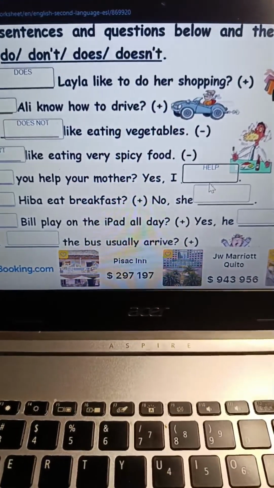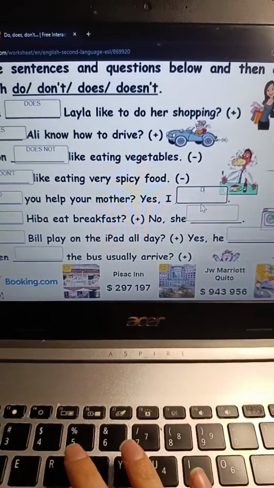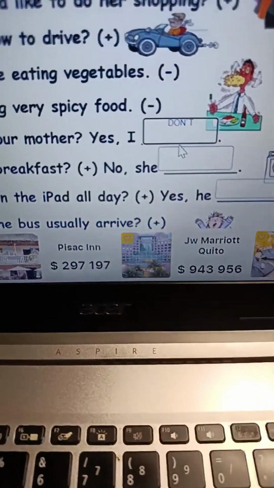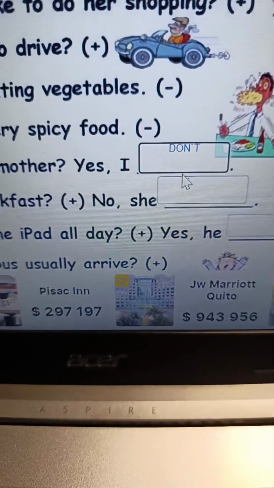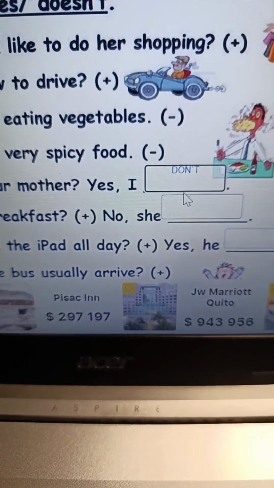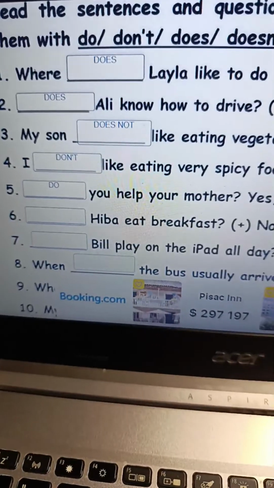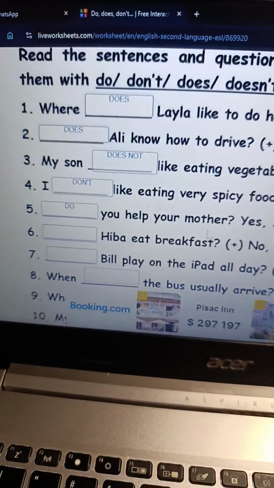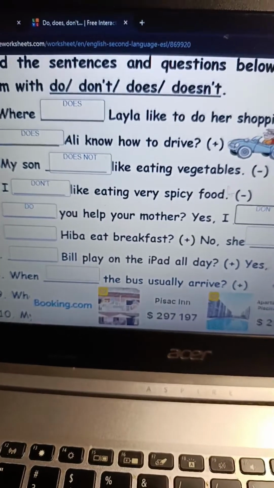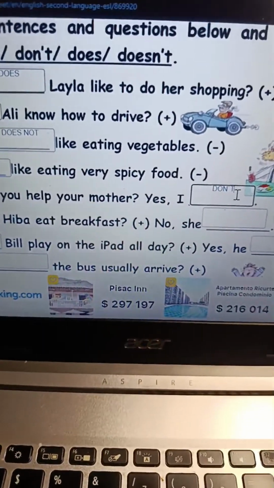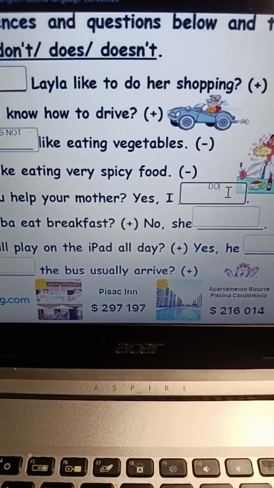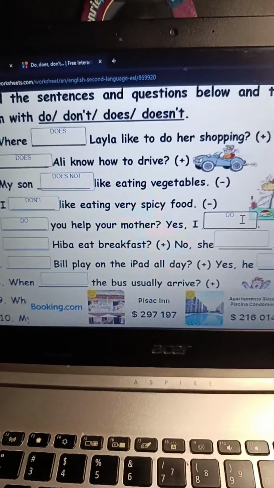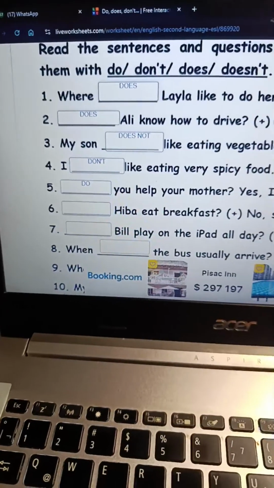We usually say, no, I don't. We use the auxiliary don't. I don't. Okay? So, do you help your mother? Number 5. Sorry, it's positive. Yes, I do. Yes, I do. Continue with number 6.